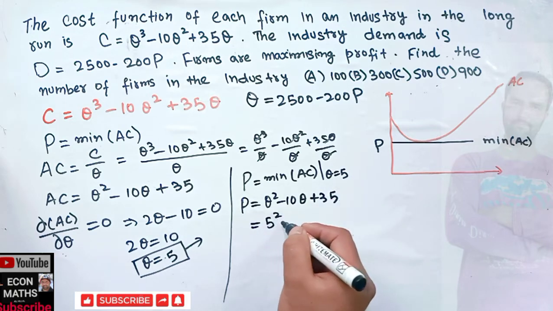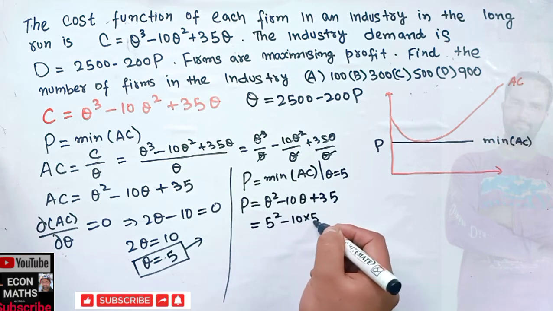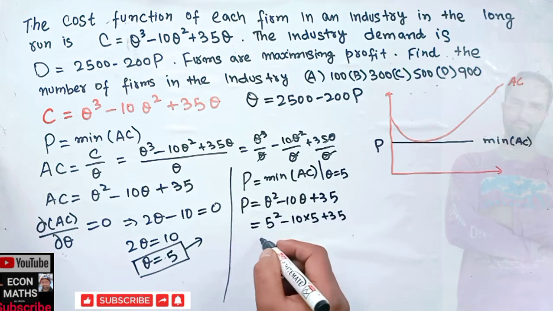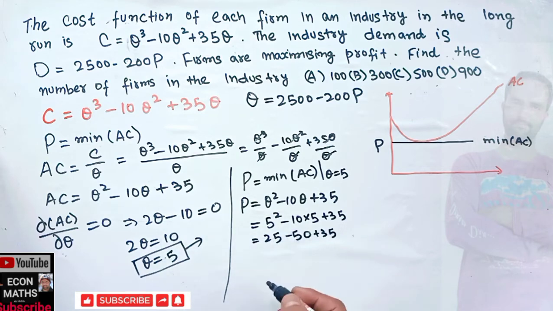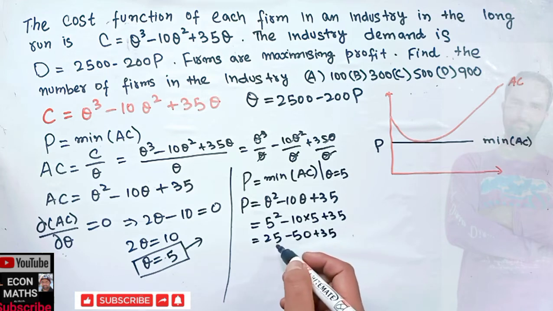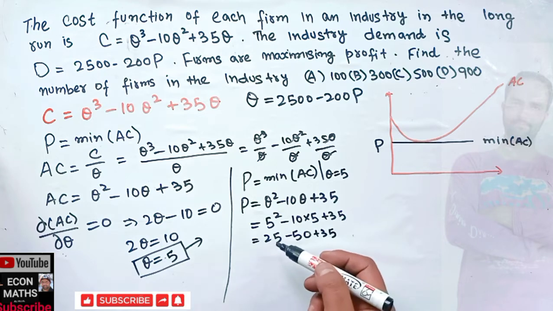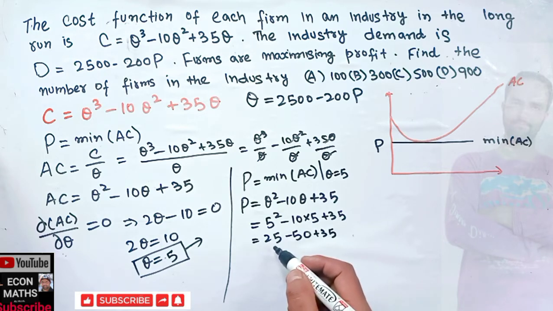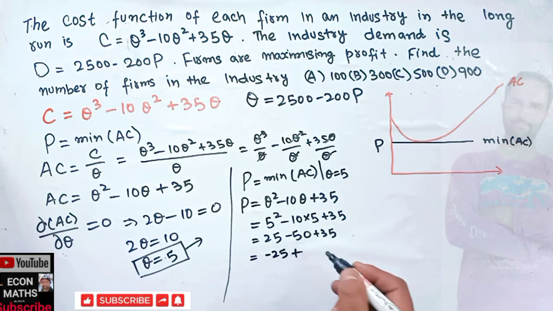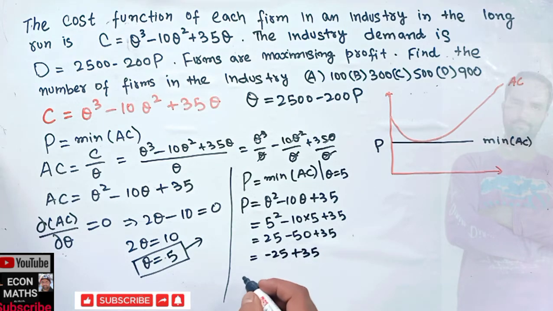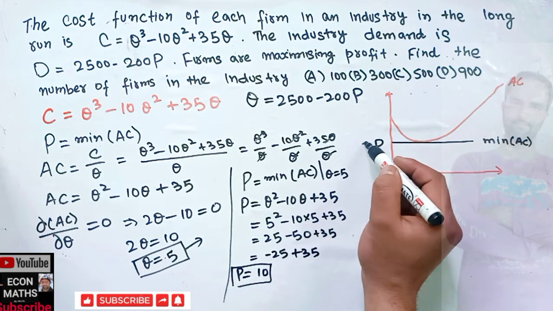So we have 5^2 - 10 times 5 + 35. This is 25 - 50 + 35. 25 - 50 comes out to be -25. So we have -25 + 35, which gives us P = 10. So the long run price will be equal to 10.